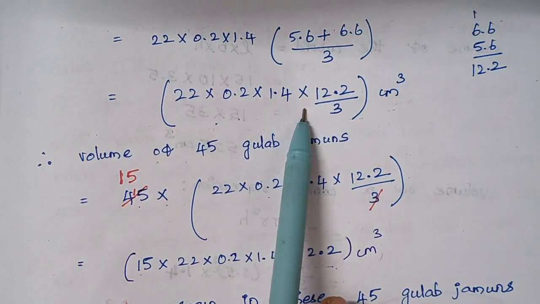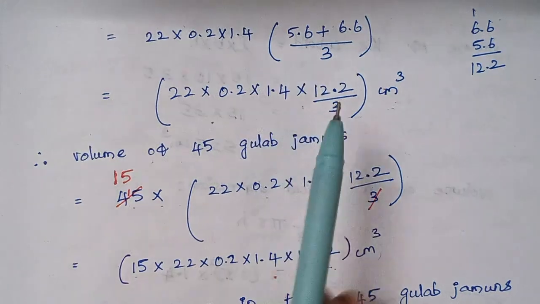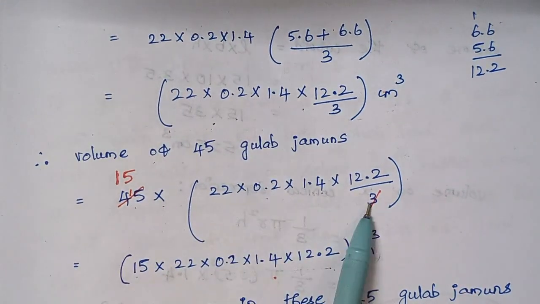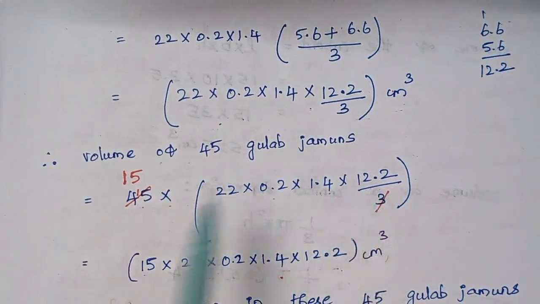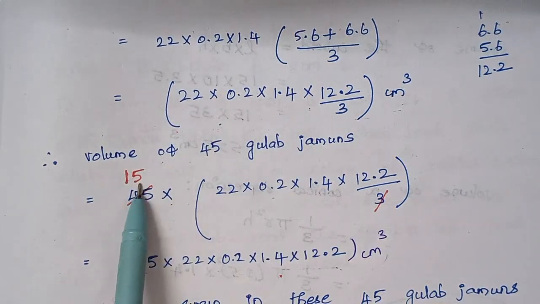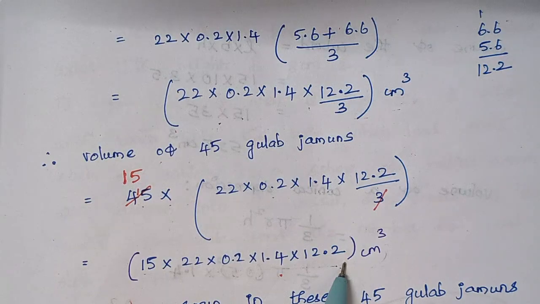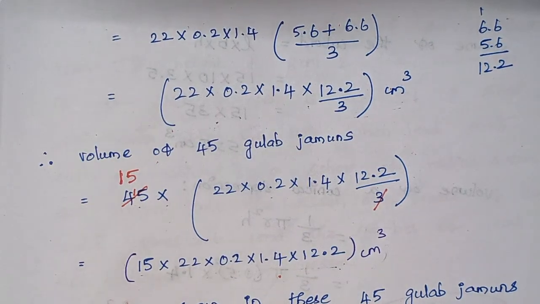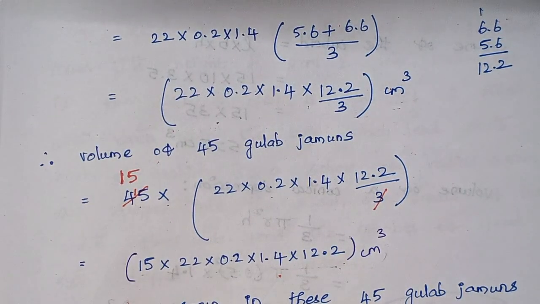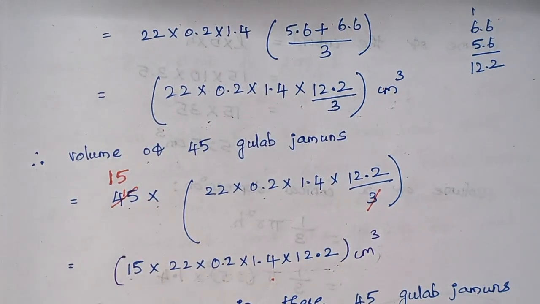So how to find the volume of 45 gulab jamuns? You have to multiply by 45, right? So 45 times this term. Again 3 and 45 cancel by 15 times, and now this is the volume of 45 gulab jamuns, right?